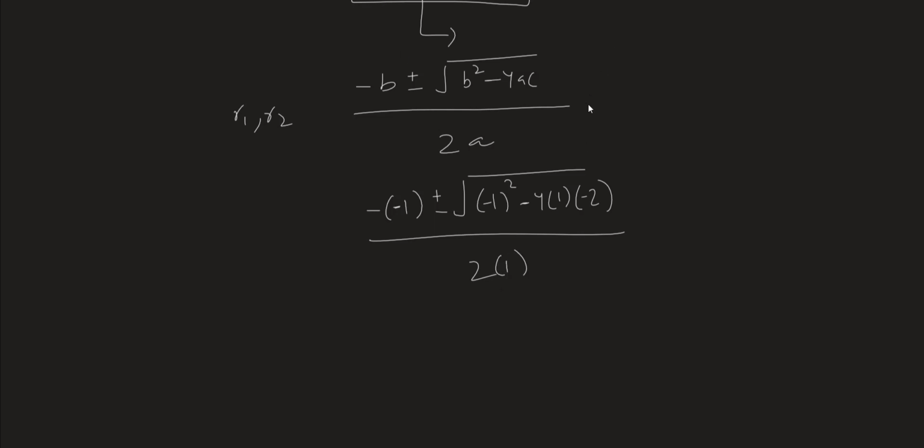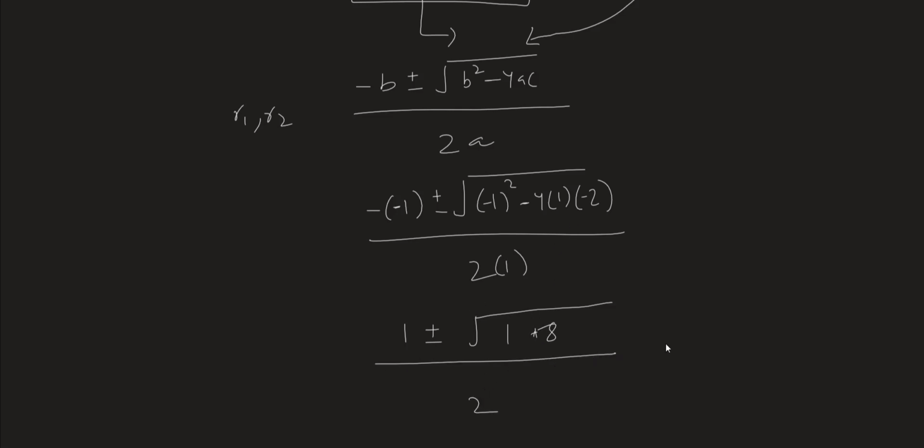So if we have an equation of the form ax squared plus bx plus c is equal to 0, in that case this gives you the roots. So what we'll obtain is, minus times minus will be plus, so this will be 1 plus or minus the square root of 1 plus 8, divided by 2 times 1.